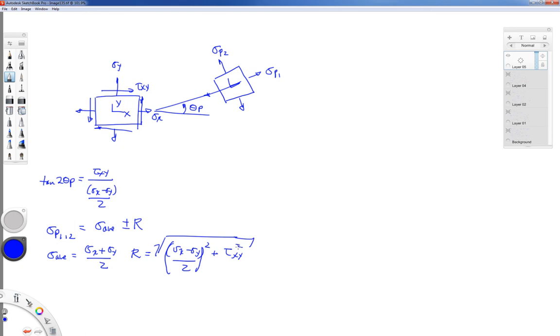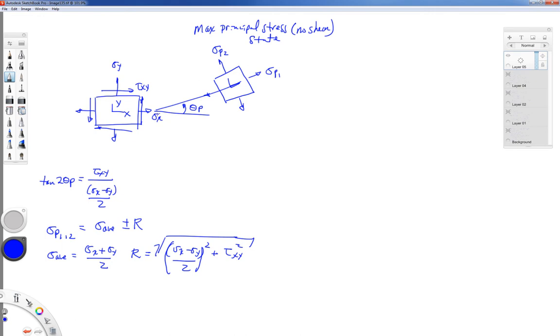Okay, so this is the maximum principal stress state. There is no shear. Its value is 0 in that orientation. And we know that plus or minus 45 degrees from that stress state is the maximum shearing stress state.